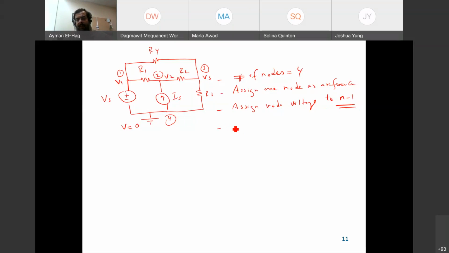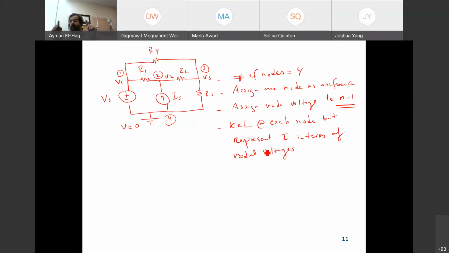Number 4, we apply KCL at each node, but we represent I in terms of nodal voltages. So we will not use I1, I2. We will not assign any current here. We only assign nodal voltages, and this is where the name comes from, nodal analysis.